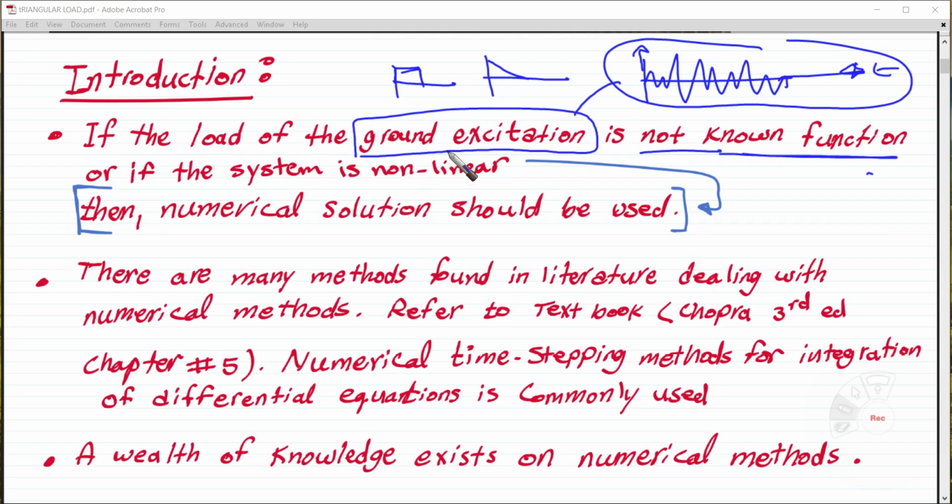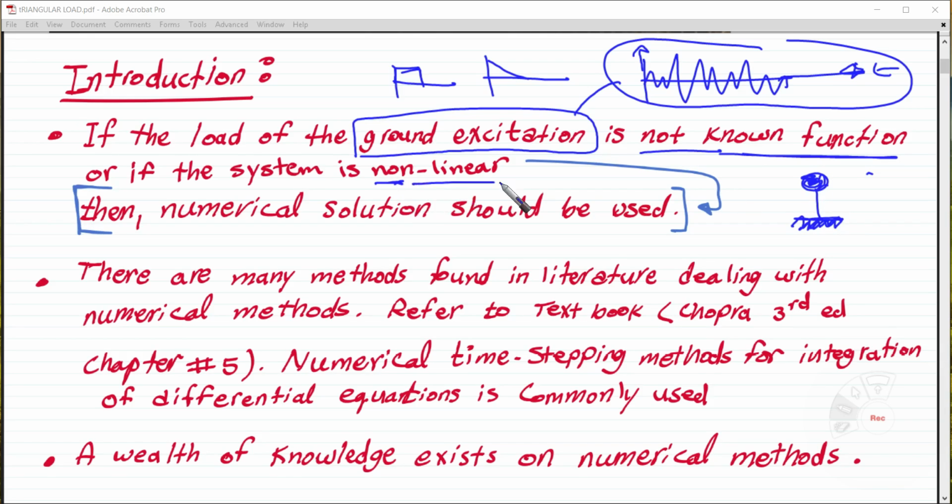So if we have a ground excitation, and the load of the ground excitation is not a known function, or if the system itself is nonlinear, I mean that the single degree of freedom system is not linear. We are talking about linear systems up till now, okay? But in the future, maybe, or if we could find time, we're going to talk about nonlinear systems.